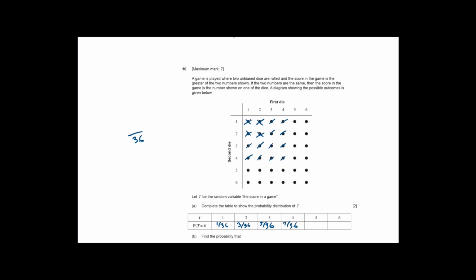Getting 5. So that combination will be 5. That one. 3, 4, 5, 6, 7, 8, 9. 9 over 36. And ways of getting 6. There are the rest. 1, 2, 3, 4, 5, 6, 7, 8, 9, 10, 11. 11 over 36.